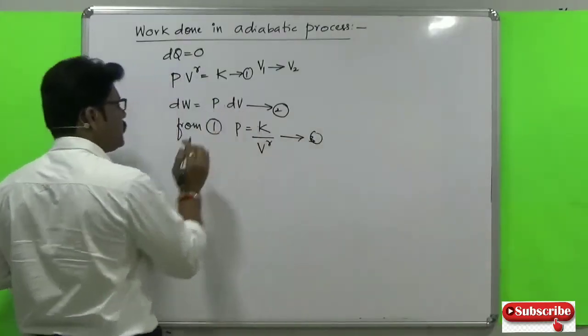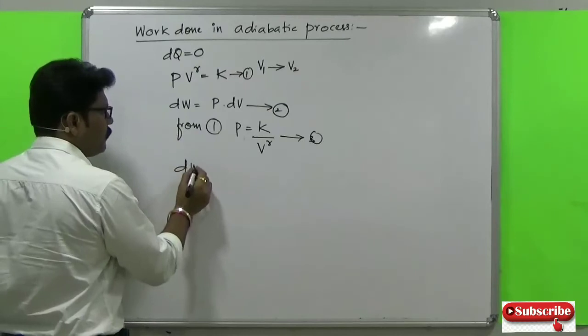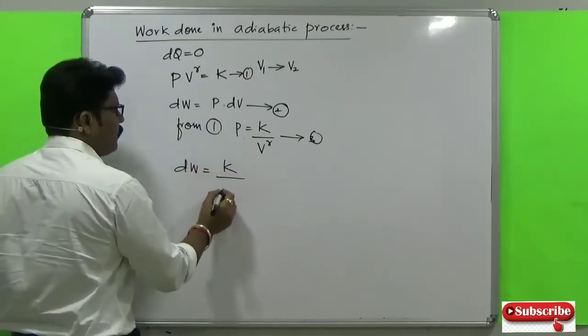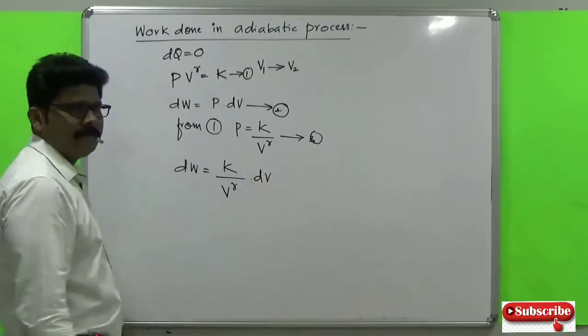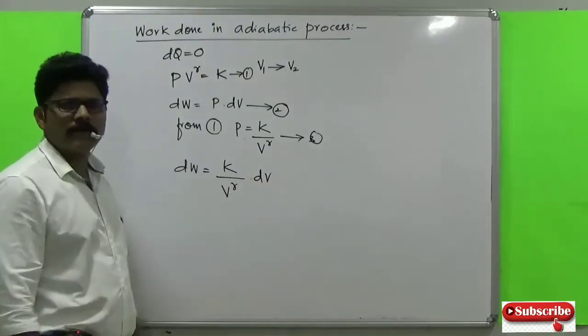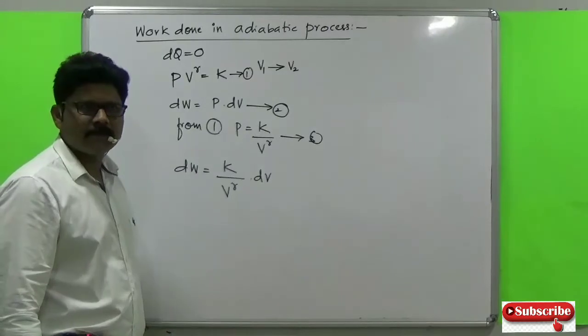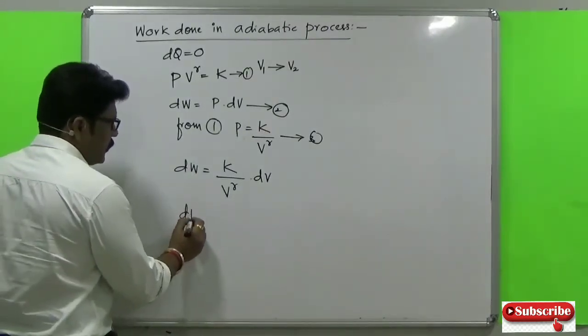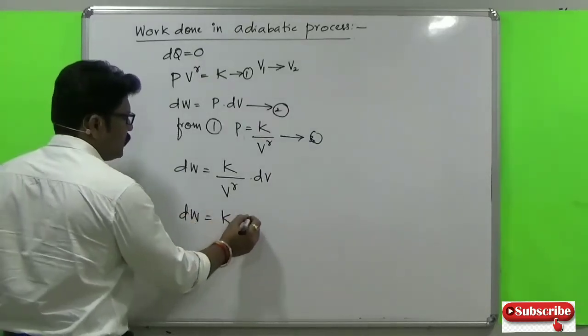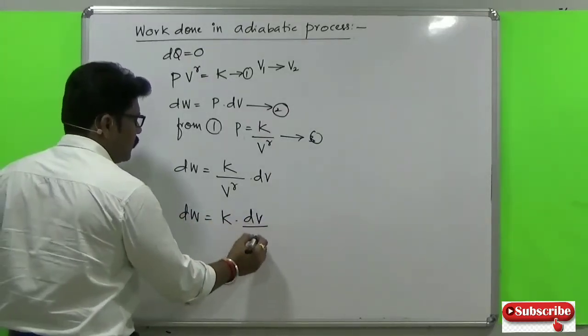Substitute it here: dW equals K by V to the power of gamma into dV. K is a constant, so take the constant outside. Now dW equals K into dV by V to the power of gamma.